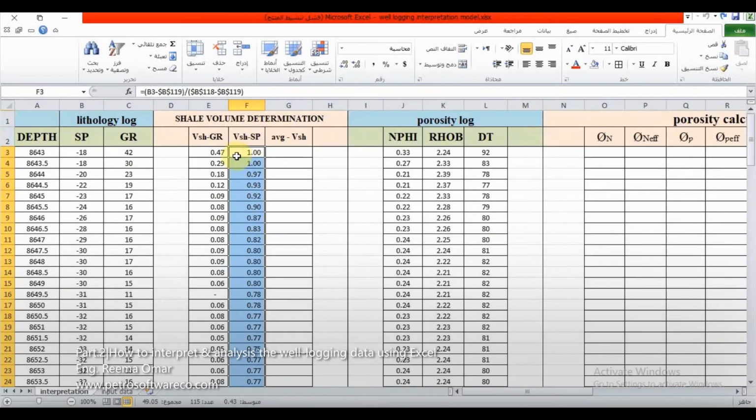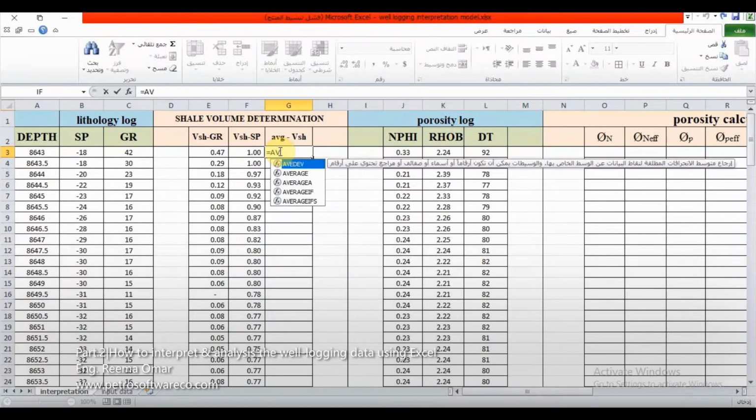The difference in value of shale from SP and gamma ray is based on the mechanism of each log. So you need to calculate the average shale volume.